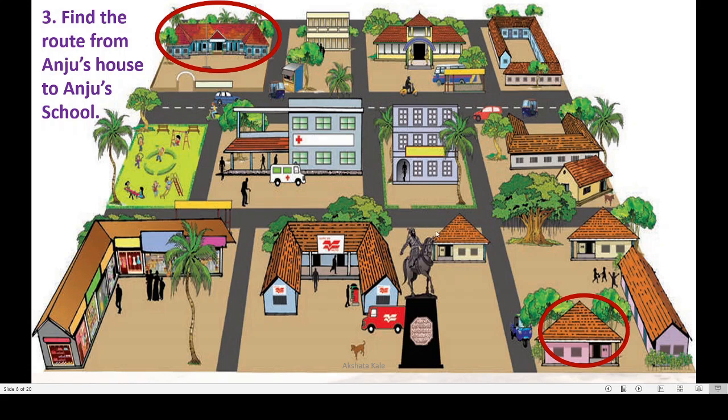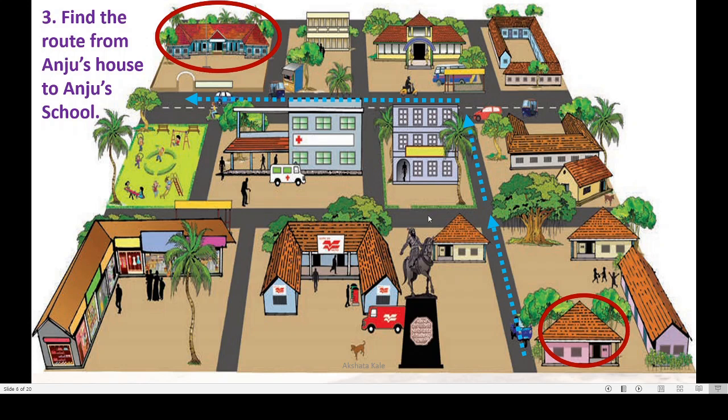Isn't it? Now she will go to school every day. Which route she uses? We will see. Here she moves from her house. See like this. Can you see here? Blue dotted lines. And she will move further in the same direction. Then she will take left. See this. And she reached her school. This is her first route.